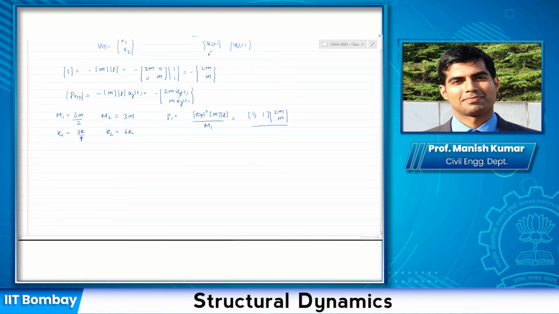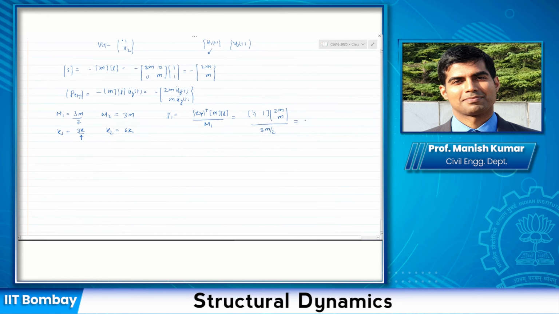And M1 is 3m by 2, so we get 2m divided by 3m by 2, which gives 4 by 3. Similarly, gamma 2 would be phi 2 transpose. How much does gamma 2 come out to be? Minus 1 by 3. Yes, minus 1 by 3.